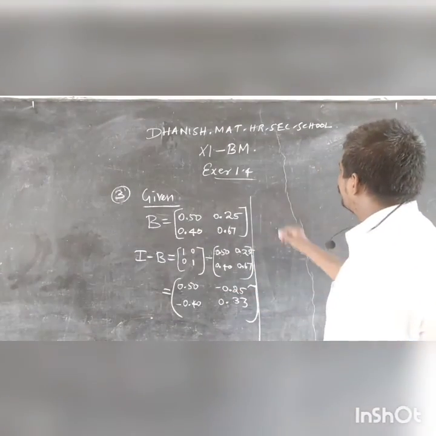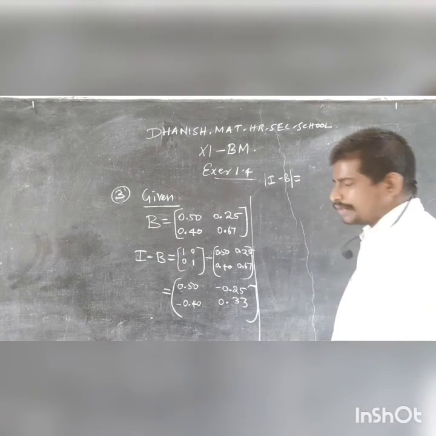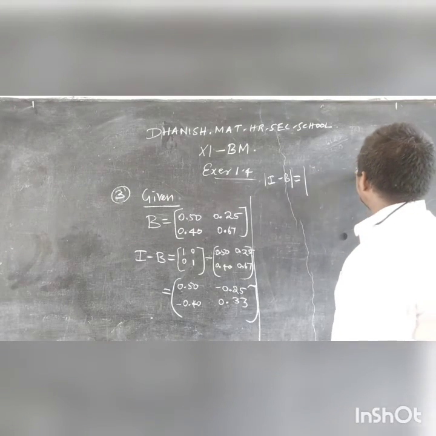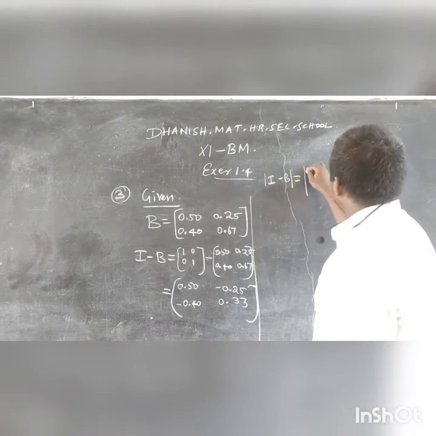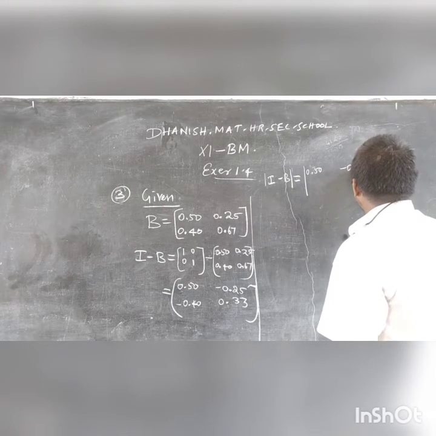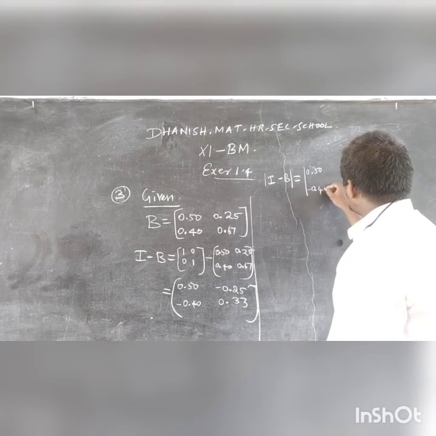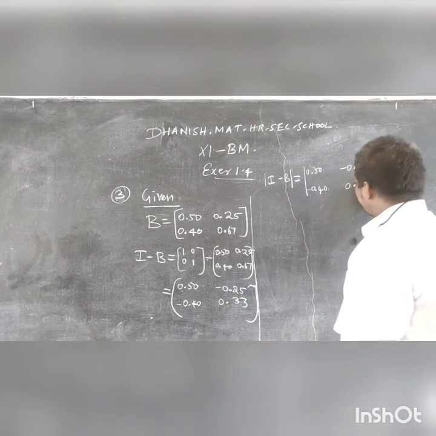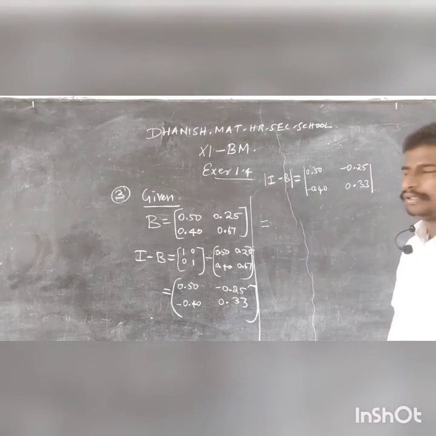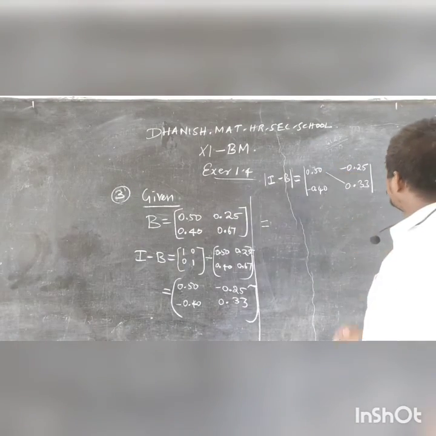Now I am going to find the determinant. Determinant I minus B is equal to determinant 0.50, minus 0.25, minus 0.40, 0.33. Now I am going to expand this 2 by 2 determinant. I already told you how to find it. First I am going to multiply these two.